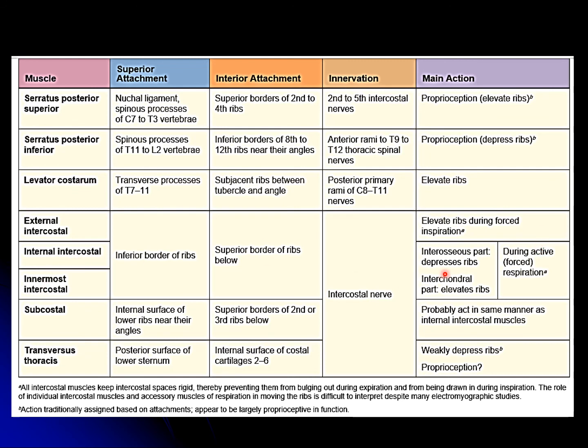Internal intercostals are the main depressors of the ribs, along with their intercartilaginous part between the cartilages, which is elevating the ribs, and innermost intercostal muscles along with the intercartilaginous part also help in expiration. And subcostal as well as part of transversus thoracis are just depressors. We already discussed them in the previous lecture.